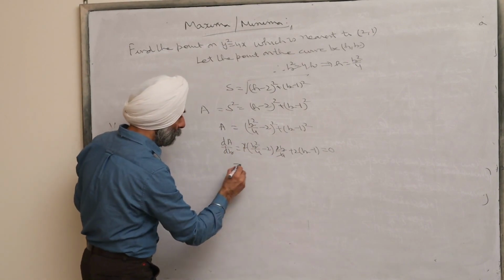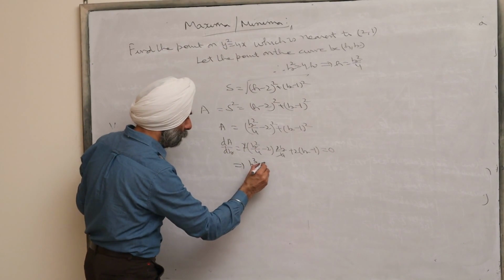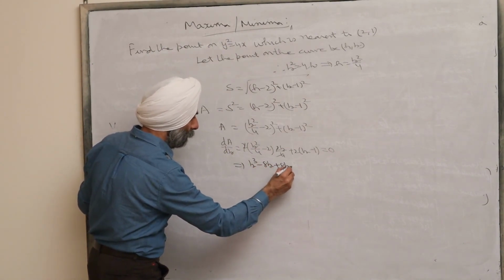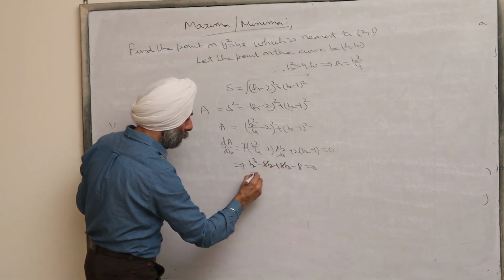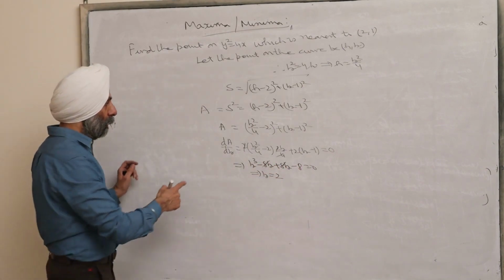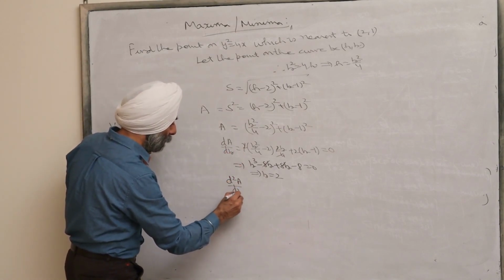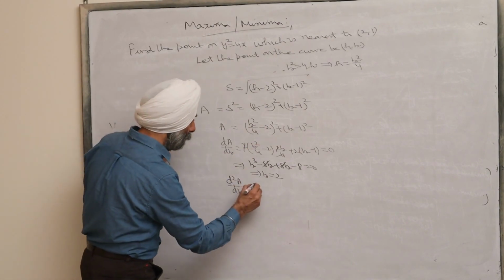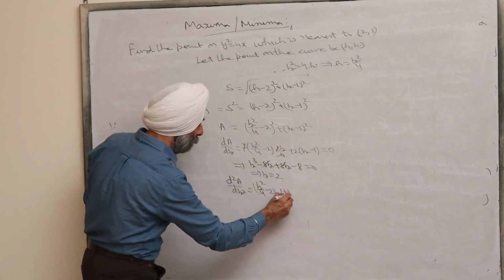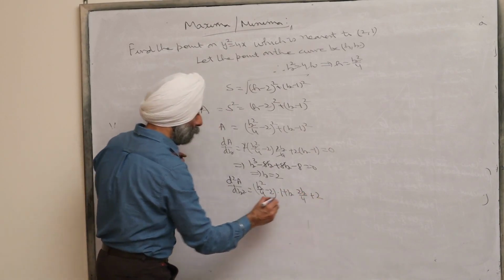So this implies that k cubed minus 8k plus 8k minus 8 equals 0, or this implies that k is equal to 2. Now if we further find its derivative, d2A upon dk squared, it is (k squared by 4 minus 2) into 1 plus k into 2k by 4, plus 2.